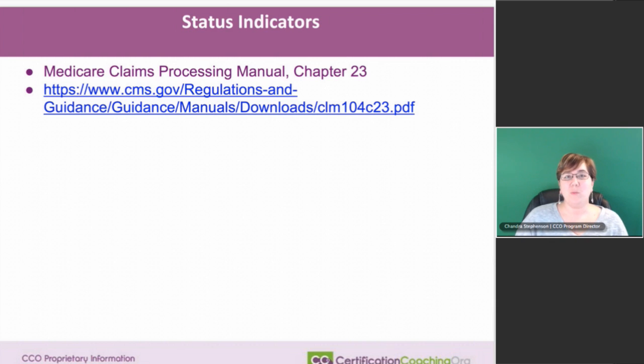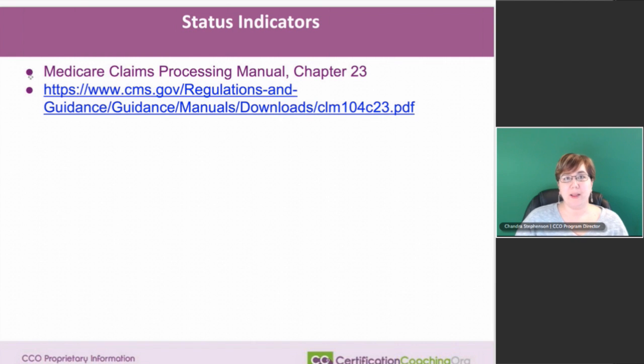So I thought, maybe I should start by showing where you can find all the different status indicators that exist for Medicare, because my focus today is going to be on Medicare. Medicare calls lots of different things indicators or status indicators. Sometimes they're payment status indicators, sometimes modifier status indicators, sometimes global period status indicators. But they've got indicators for everything.